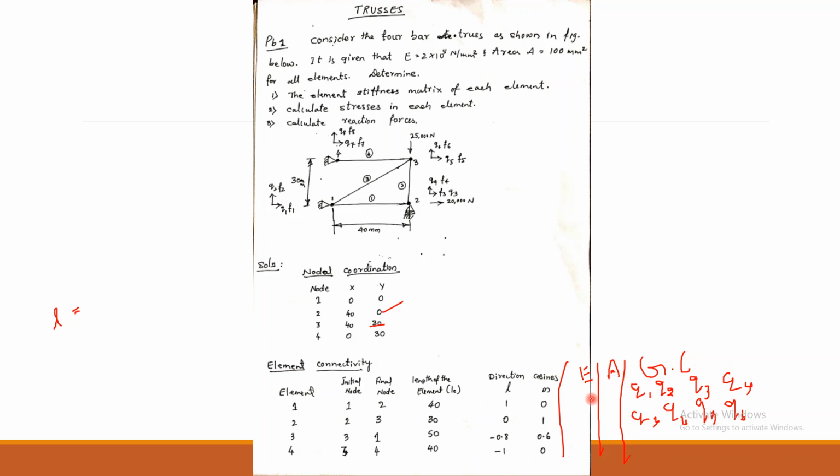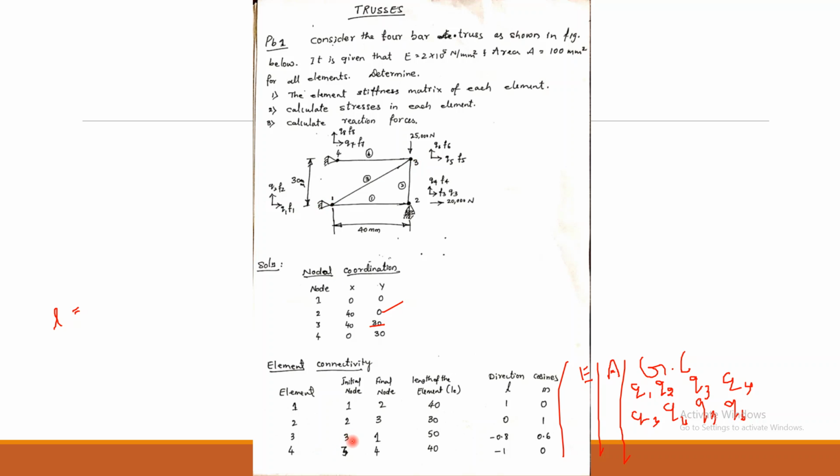Okay, so let's go for element 3, the mid one. Here you need to go for the initial node and final node. I can either pick initial node as node 1 and final node as node 3, or else initial node as node 3 and final node as node 1.